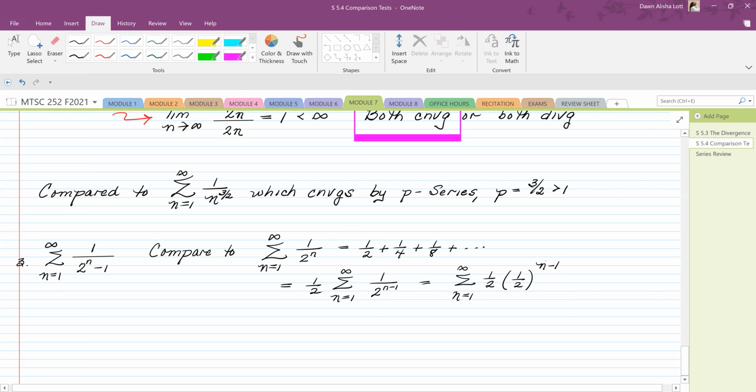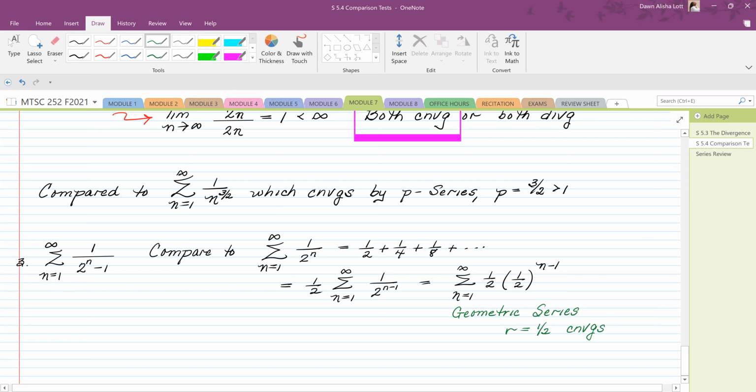So this is a geometric series, r is equal to 1/2, so it converges.